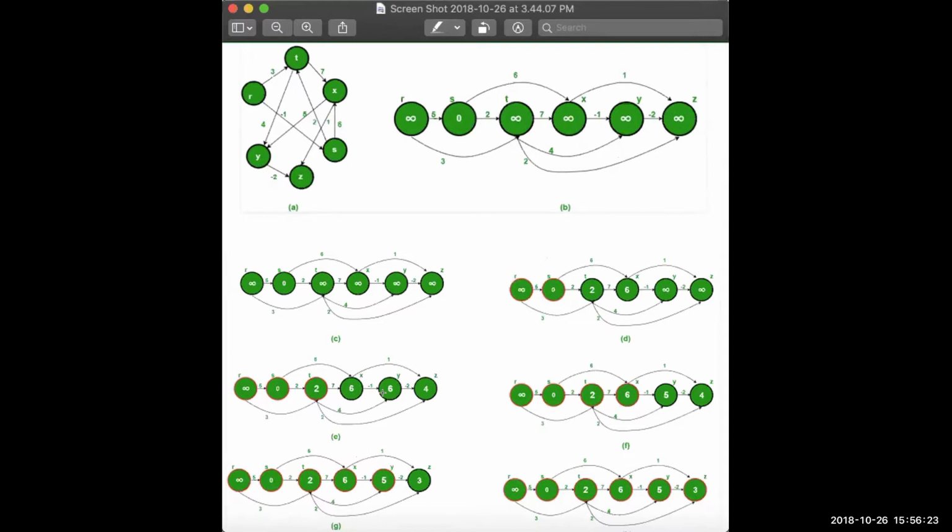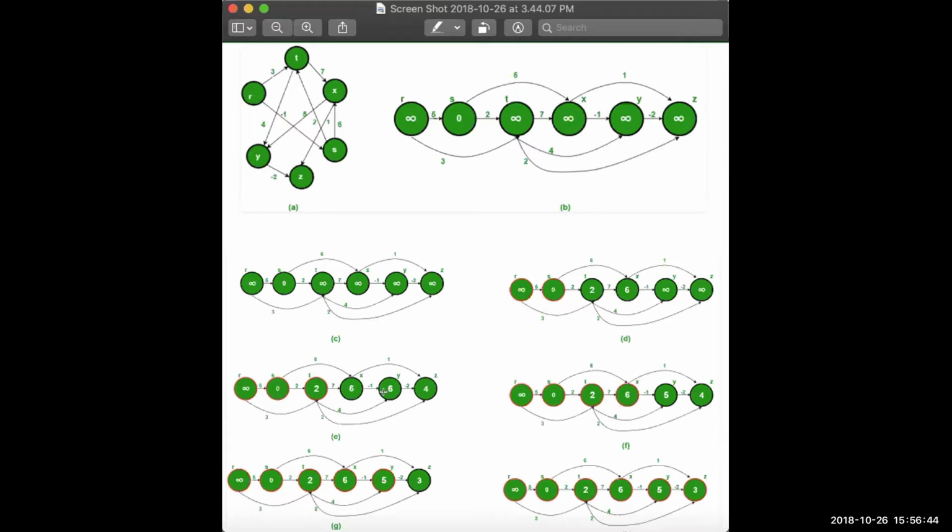I'm sorry, here, T to Y, I was looking at Z. I'm sorry, T to Y is 2 plus 4, that's 6. So we go from 2 plus 4 to 6, and we get Y as 6. So that has been updated here as well. At this point, we have finished processing T because it has no more outgoing edges.